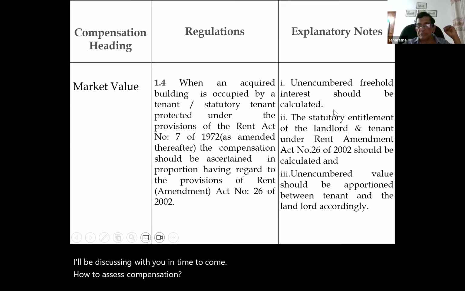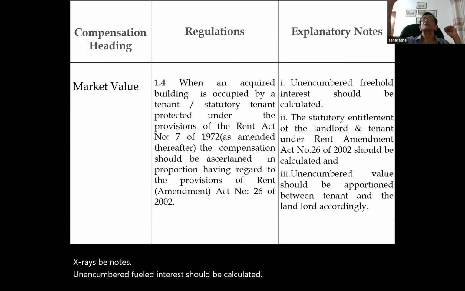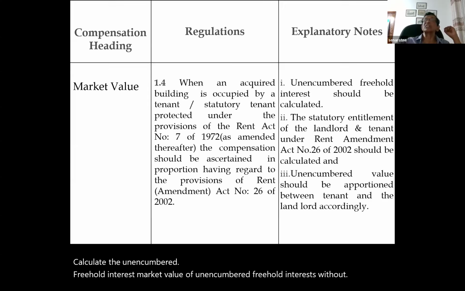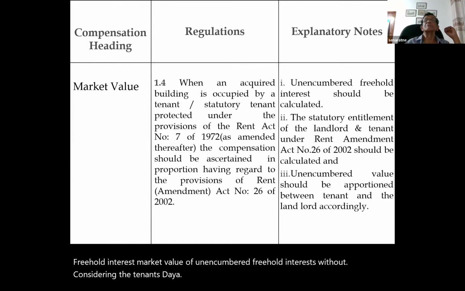Explanatory notes. Unencumbered freehold interest should be calculated. There's a four-step process to the assessment of compensation. First, we calculate the unencumbered freehold interest, the market value of the unencumbered freehold interest without considering that the tenant is there, based on the present condition of the building.